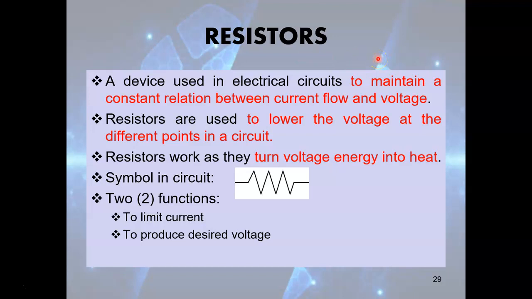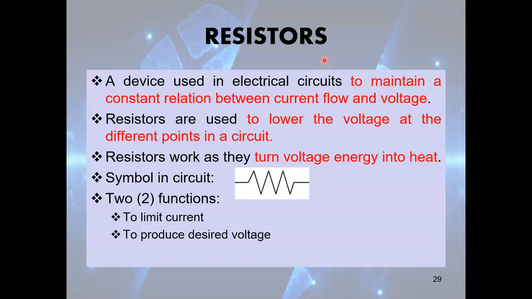Bear in mind that at the end of chapter 14, you will have to combine these three things, and we will see what happens to the I, V, and R when these three combine.